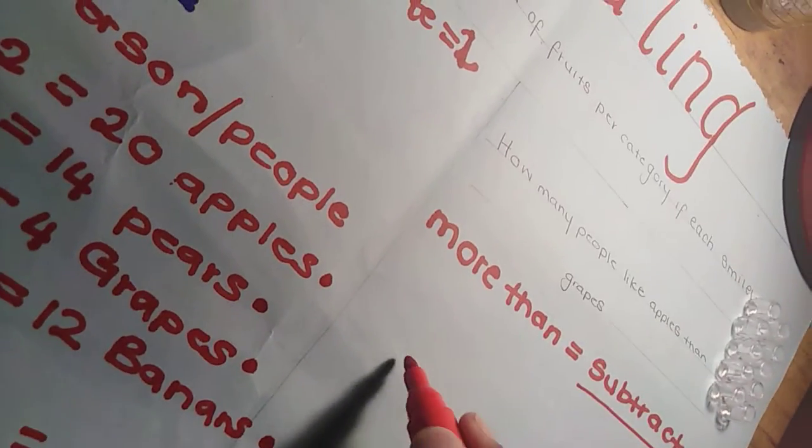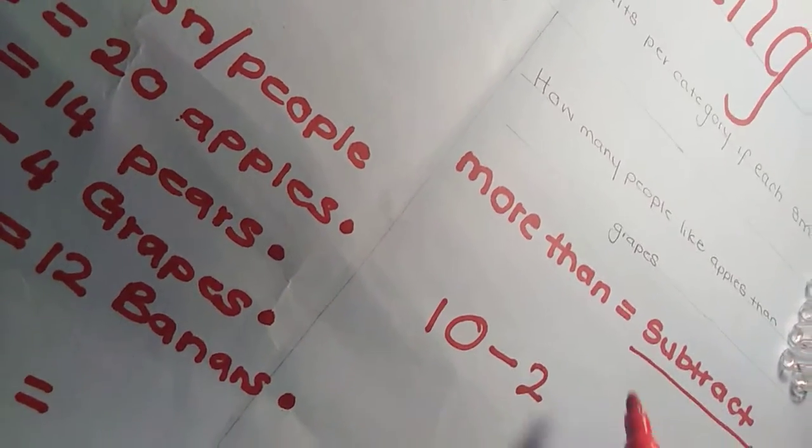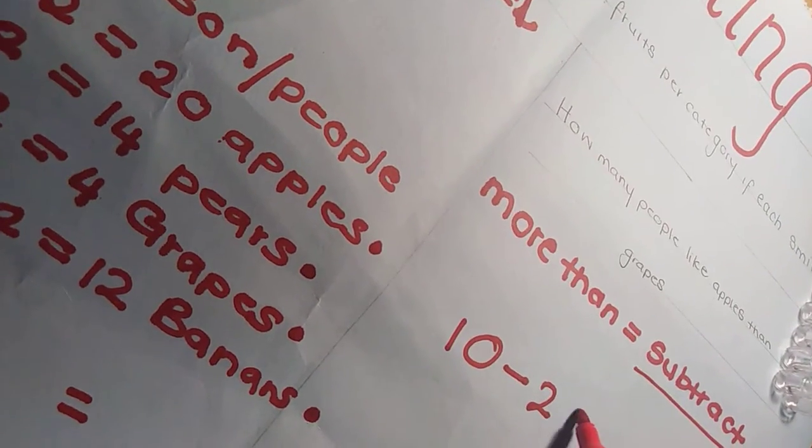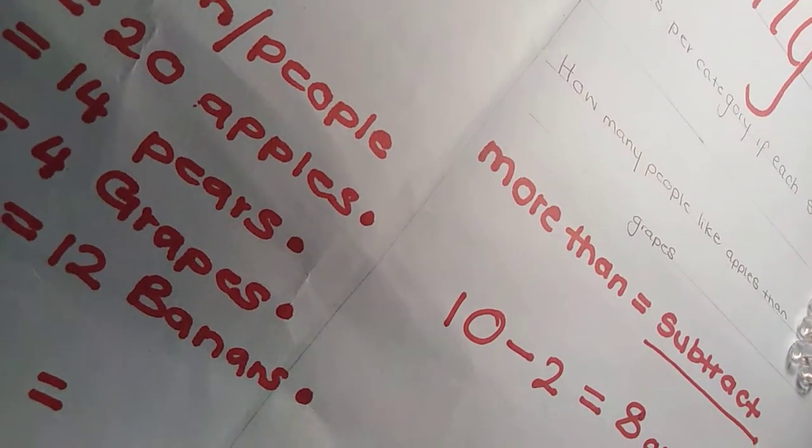We have 10 apples. So it's 10, and then more than, which is subtract. And then how many grapes do we have? Look at your data. Go back to your data. We have 2 grapes. So 10 minus 2 gives us what? A total number of 8.